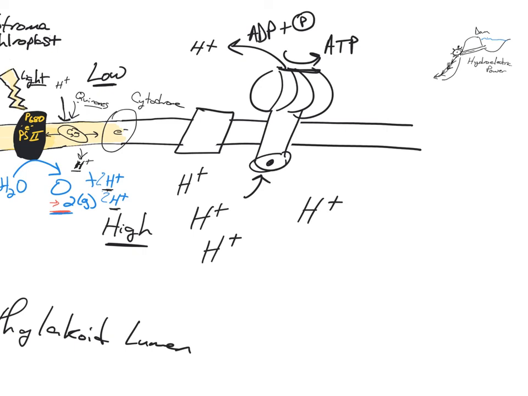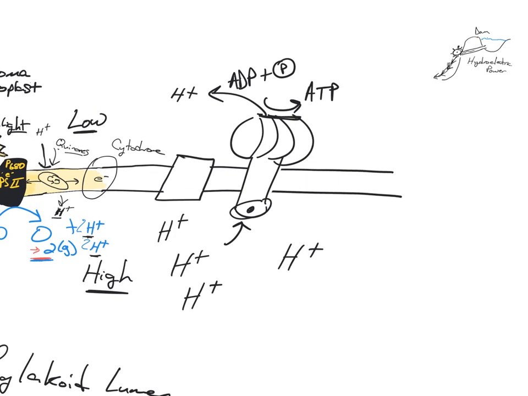I know it doesn't make sense, guys. I know it does not make sense to you, at least I hope it does not make sense to you, that photosystem 2 comes before photosystem 1. It's like you could count backwards.